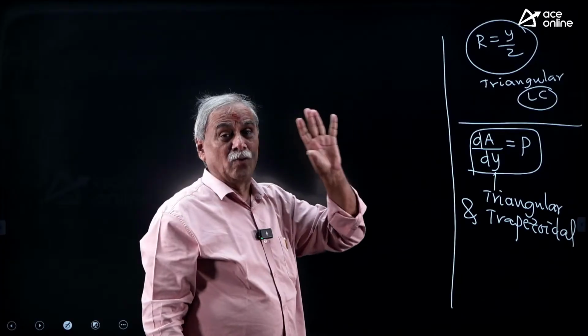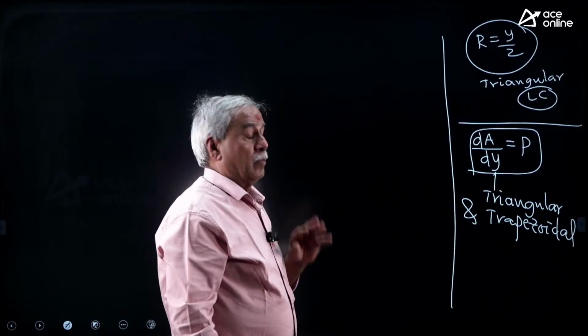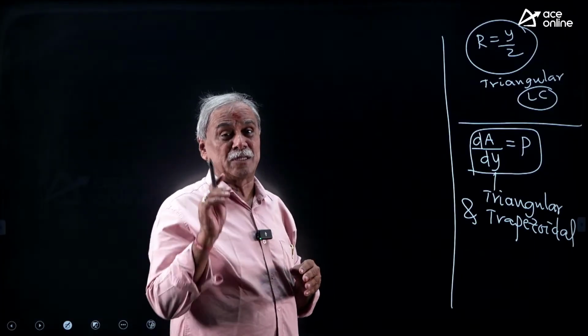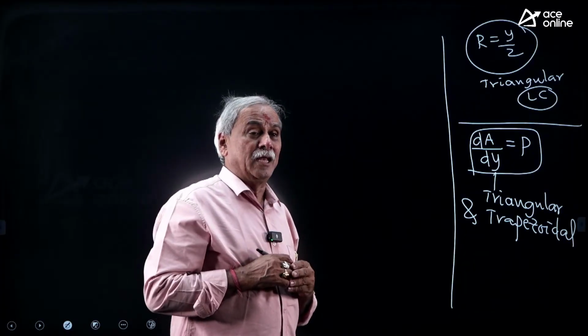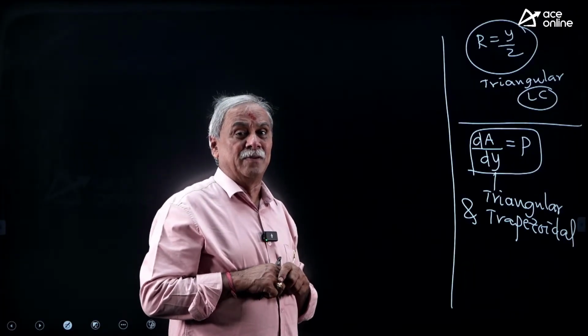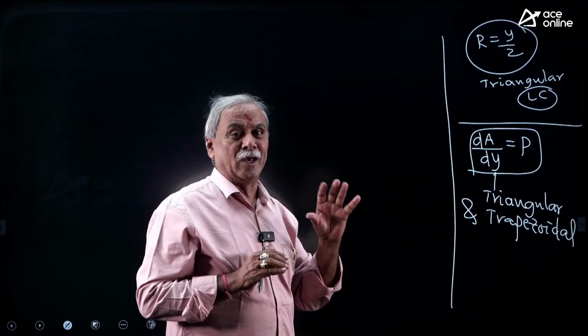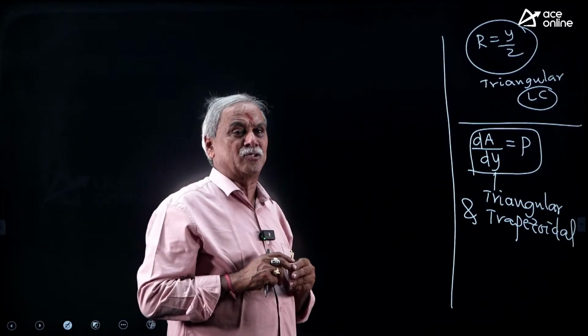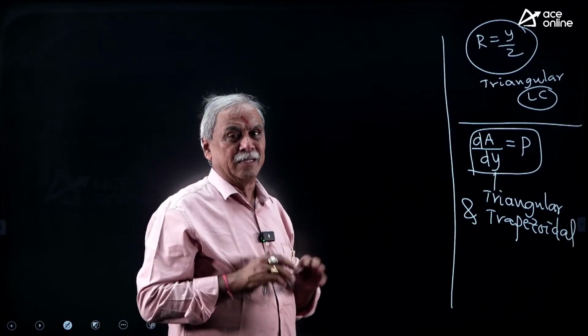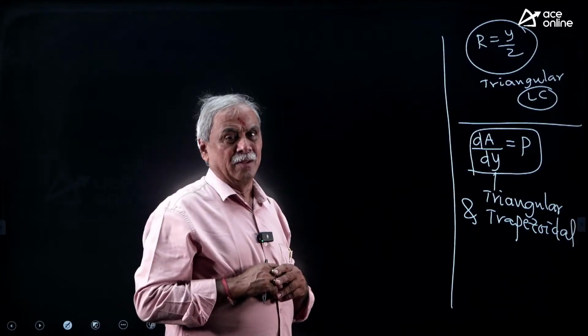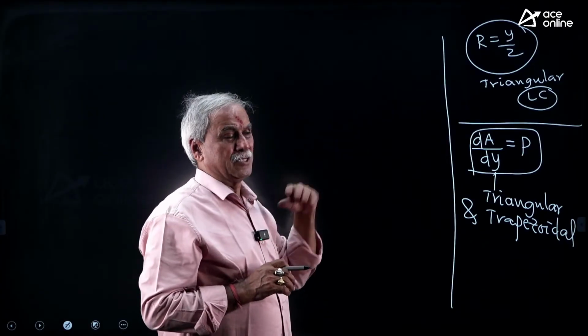That condition is valid only for triangular lined canal. And then other types of canals you must remember. When do you say canal in cutting, canal in filling, and then balanced canal? When the quantity of soil required for cutting is equal to quantity of soil required for banking, then that is called balanced section. So like that we have the important definitions.